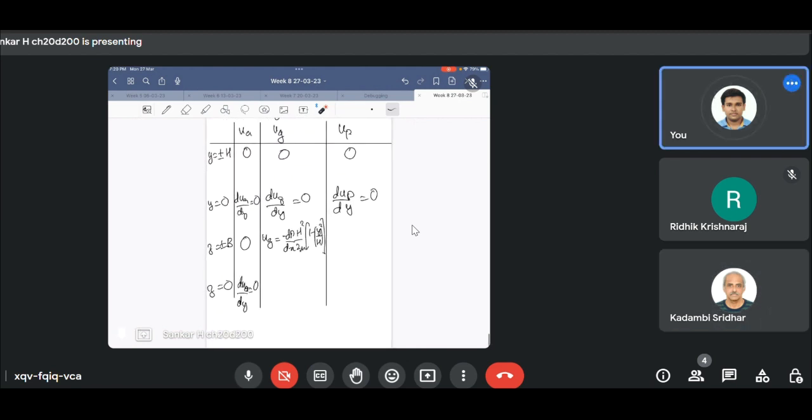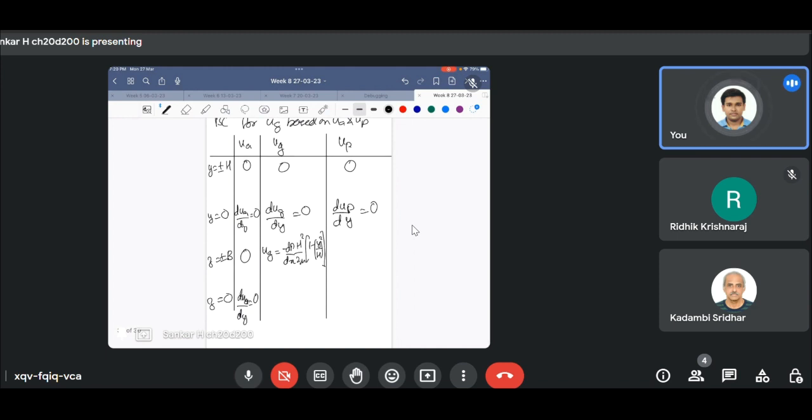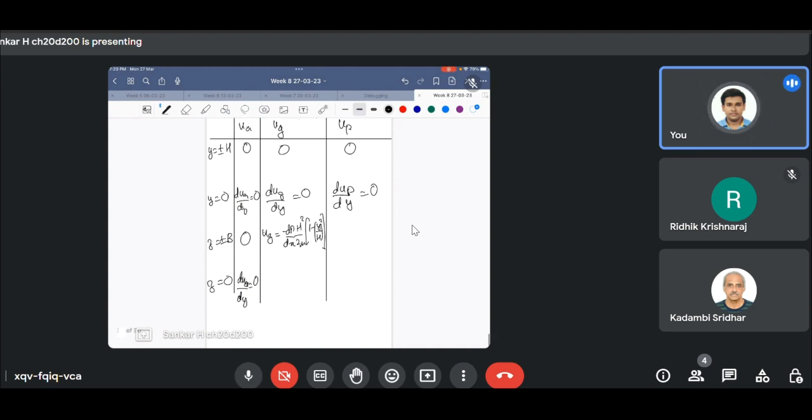All right. What about at z equal to 0? At z equal to 0, we cannot say anything. But what can we find out from equation number 4 shown over here?